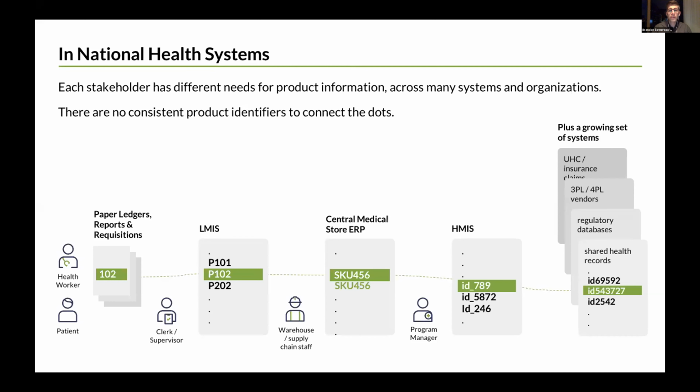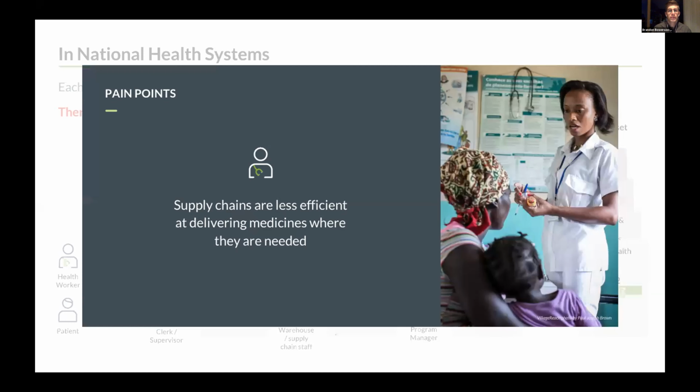And in all of these systems, these green identifiers, the numbers may be different. The way each system tracks each medicine may use a totally different identifier. There's no consistent product identification. So it makes it very hard to put together a picture of where medicines go and how they're used and be more efficient in getting medicines to patients.